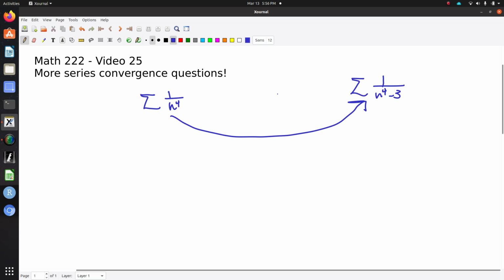We just go ahead and run this test with the limit. You divide a_n over b_n, and you take the limit as n goes to infinity, and we show that in this case it equals 1, and there you're done. So that's what it's useful for.